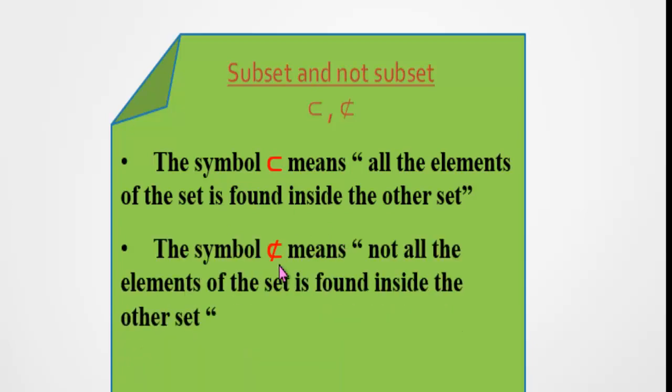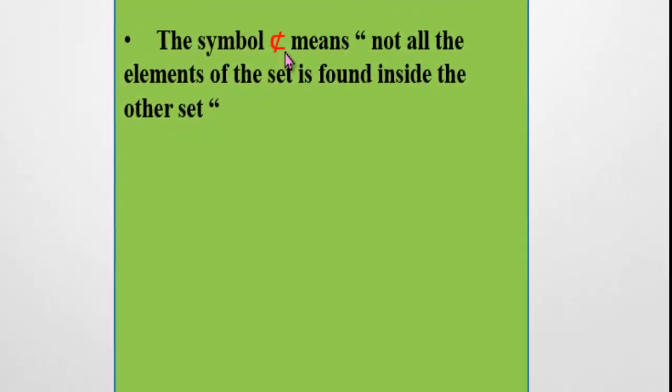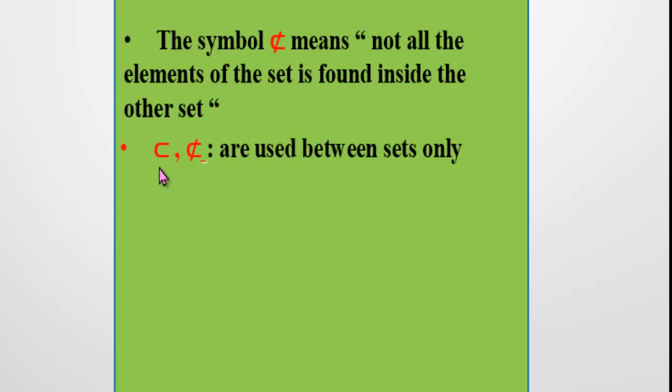And this symbol means not subset, meaning that not all the elements of the set are found inside the other set. So, if only one element in the set is not found inside the other, it is not a subset. And remember, subset and not subset are used only between sets.